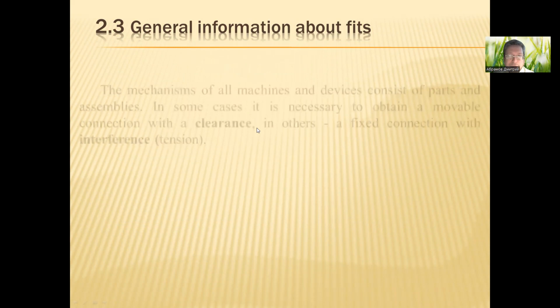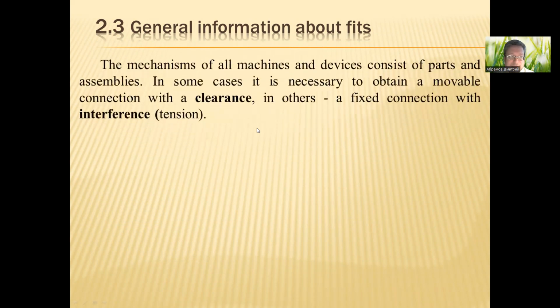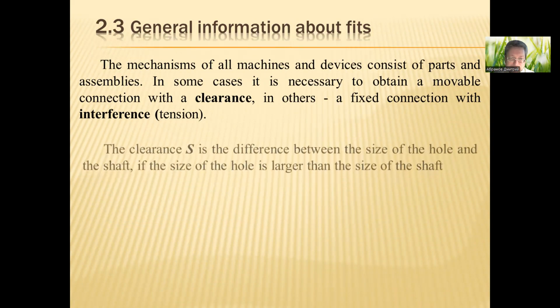And the next item of our lecture, 2.3, general information about fits. The mechanisms of all machines and devices consist of parts and assemblies. In some cases, it is necessary to obtain a movable connection with a clearance. In others, a fixed connection with interference.